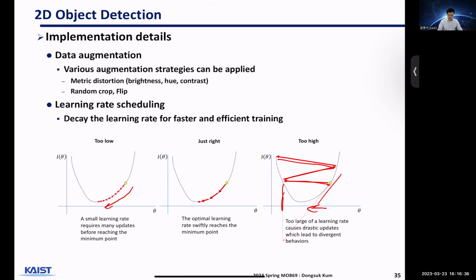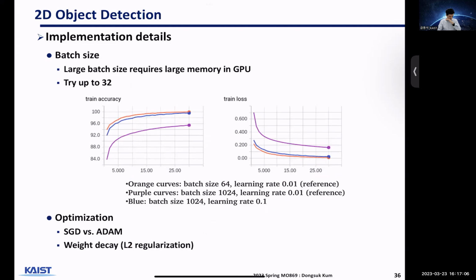If you use large values, you can go far, far away from the optimal point. So the best scenario is to use, initially, a relatively large value, but as you get closer to the optimal parameter values, you might want to reduce the size of the learning rate, so that it converges and optimizes to the value. And then there's batch size.